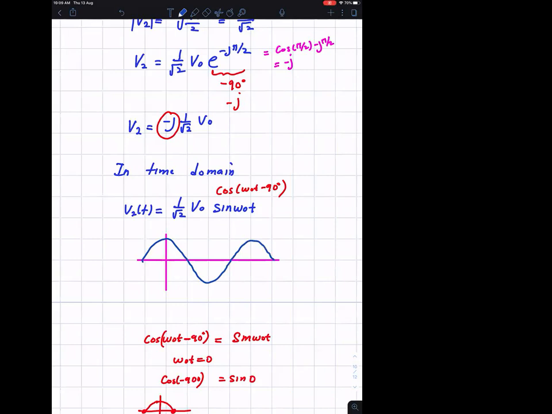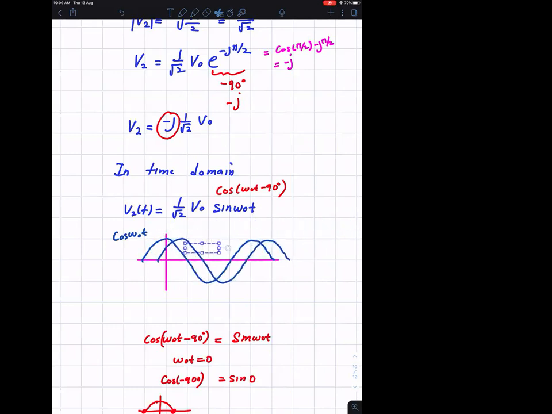So this is cosine omega naught t. If you copy paste and move it, it's here now.